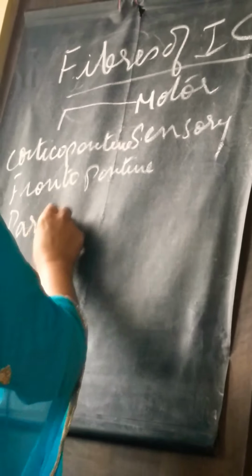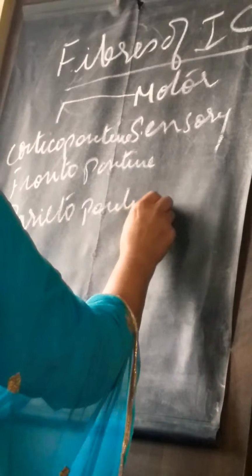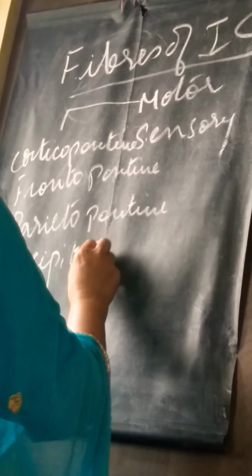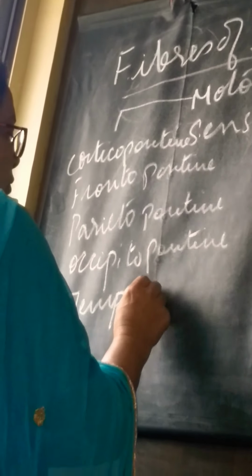You have the frontopontine, the parietopontine, the occipitopontine, and the temporopontine. So all the lobes are connected over here.